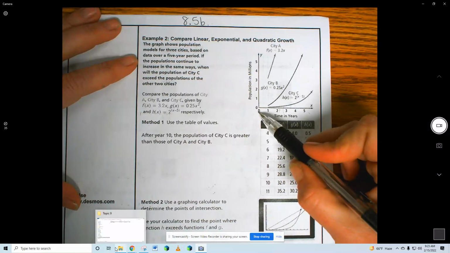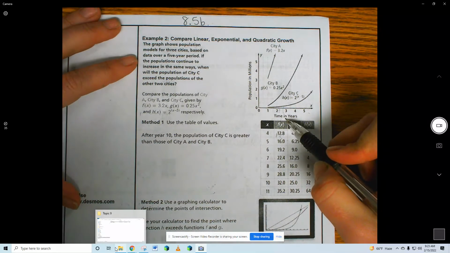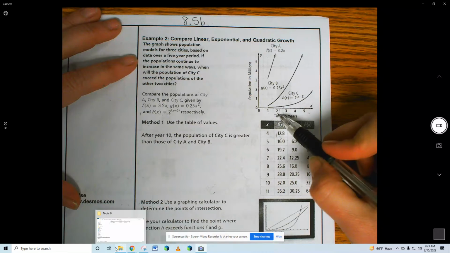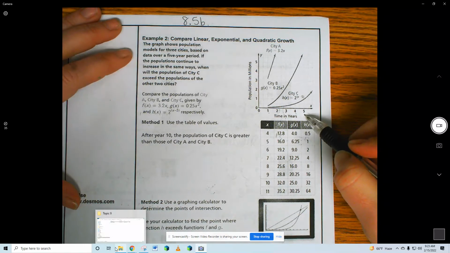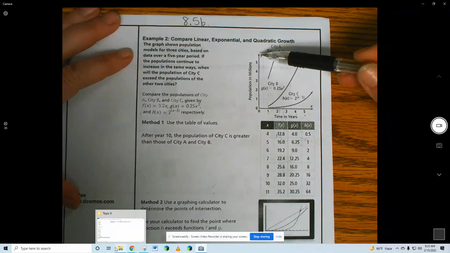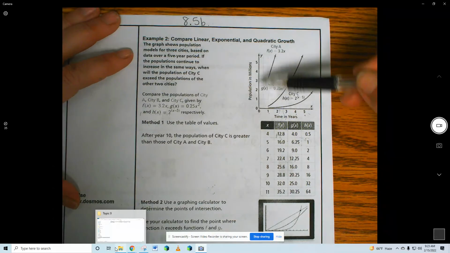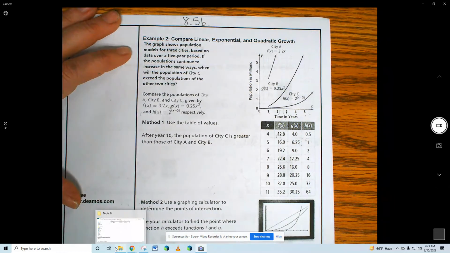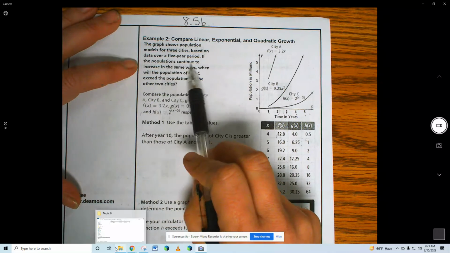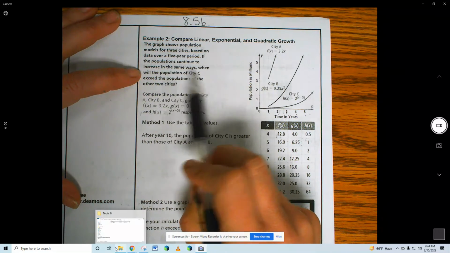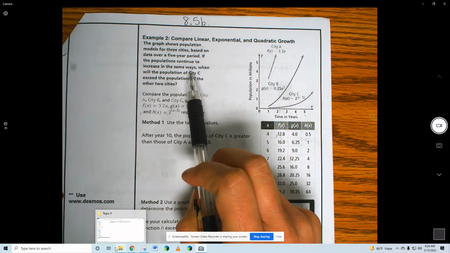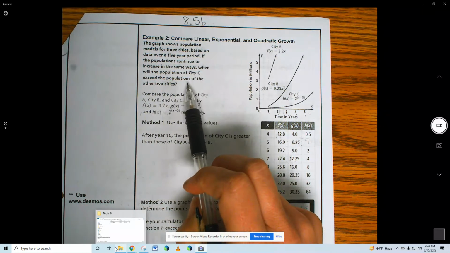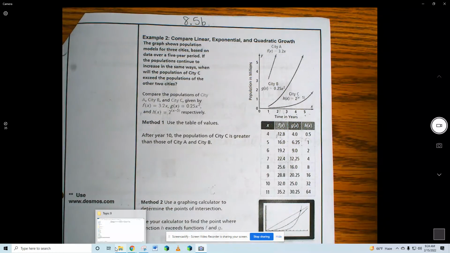Time is along the x-axis: 1 year, 2 years, 3 years, 4 years, 5 years. On the y-axis is the population. How many people were there? If the populations continue to increase in the same way, when will the population of city C exceed the others? So when will C be biggest?